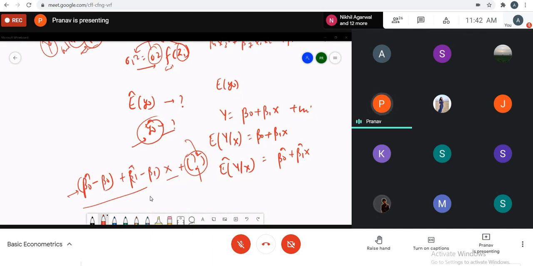Some other violations around it will take at least 2 to 3 weeks to complete. By the end of the month of June, we'll start with time series and other things. Before that, we'll try to complete violations and remedial measures.